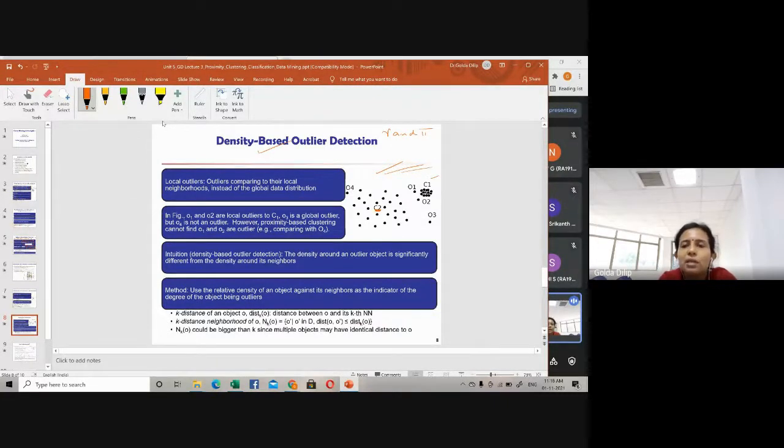C1 is a dense cluster and C2 is the opposite. Now look at this particular object, O3. With respect to a distance based method, I can say that O3 can be an outlier because it is very far from the majority of the data set.